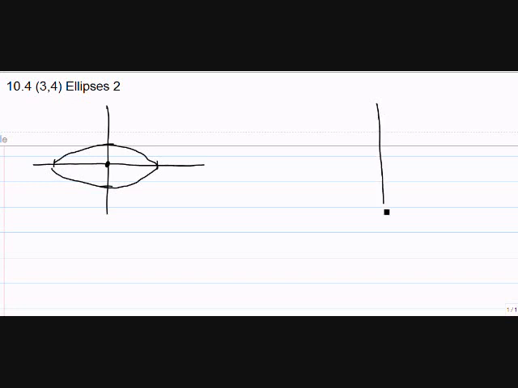And sometimes they get vertical. Better, not great. All right, there's my center. The long axis has at its ends the vertices.